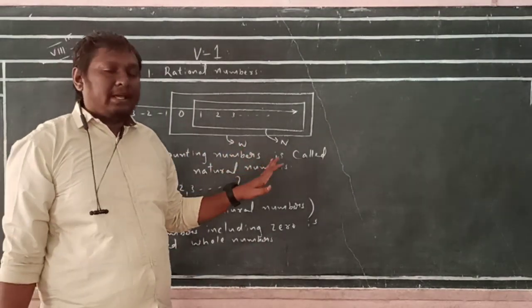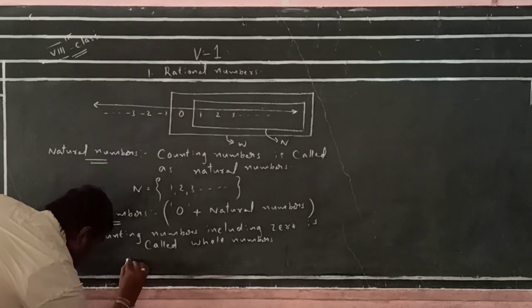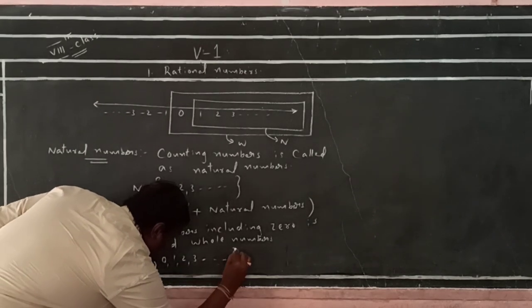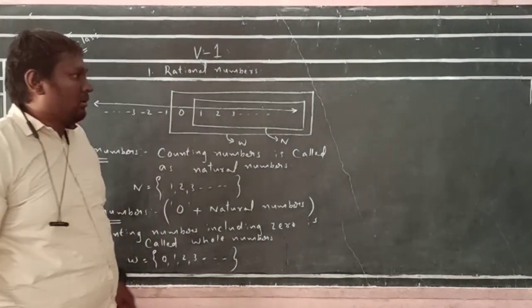Whole number is denoted by W. 0, 1, 2, 3. Okay. Next.